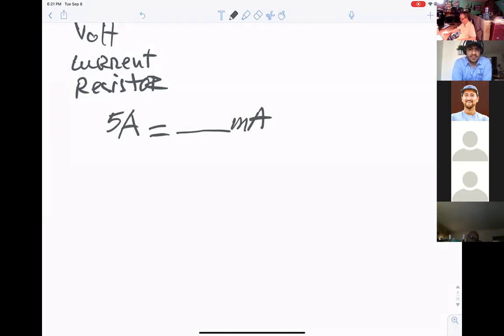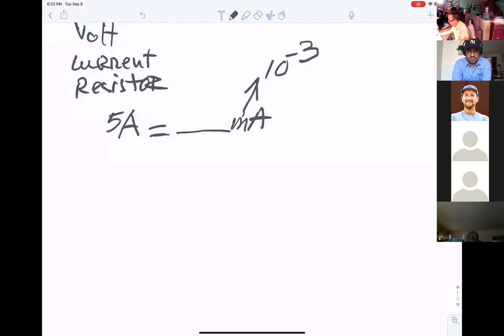5,000. That means you understand it. Milli is 10 to the minus 3. That means milli. Amp is basically greater than milliamp by 1,000.